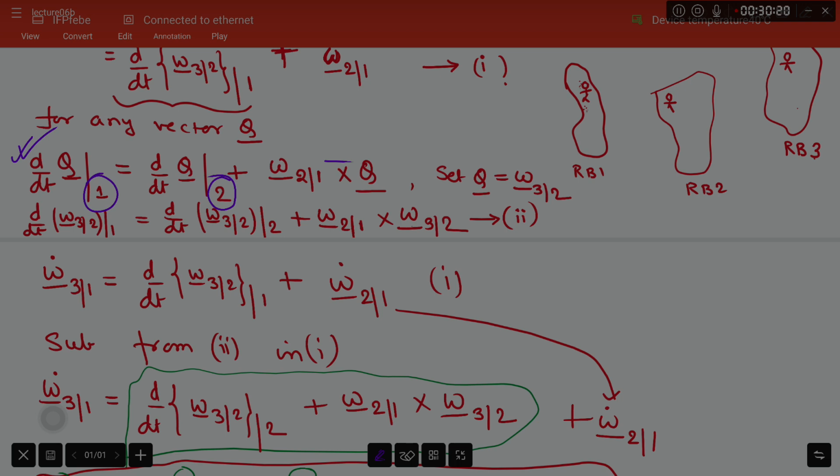I am going to set q as omega 3 2. Once you replace q by omega 3 2, this equation becomes what I have here. And you would see that there is this cross product between two angular velocities appearing there, which we do need in our final expression, which requires the proof.